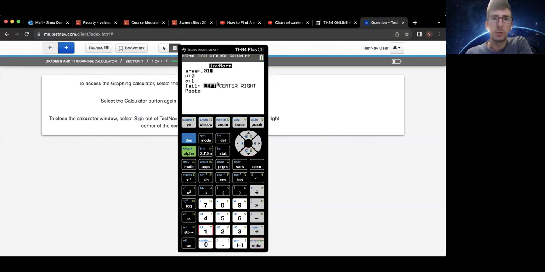So we need to do 0.01 for 1%. The population mean that we were given was 0.70, and the standard deviation of our sample proportions was 0.046.